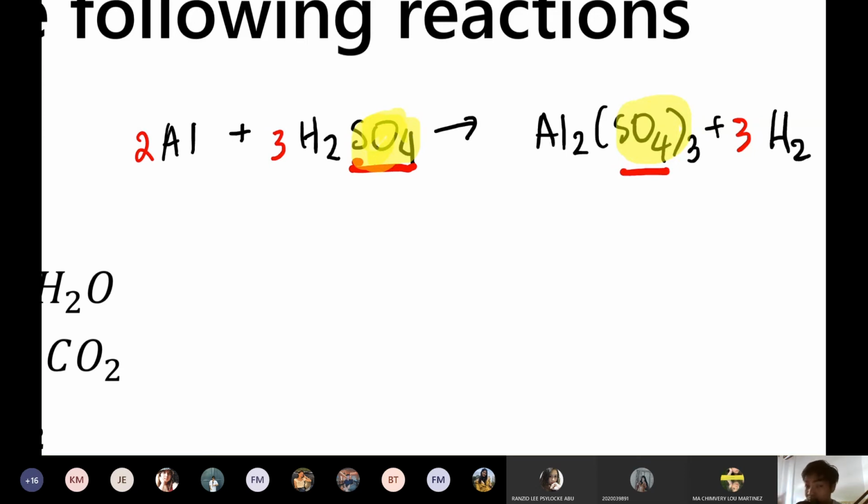You balance it by introducing coefficient. So we have 3 SO4 here, so kailangan tatlo din sa kabila. Then, after balancing the polyatomics, balance the remaining atoms, yung aluminum and hydrogen. By doing that, tapos na yung problem. Okay? So let's check if they are already balanced now.